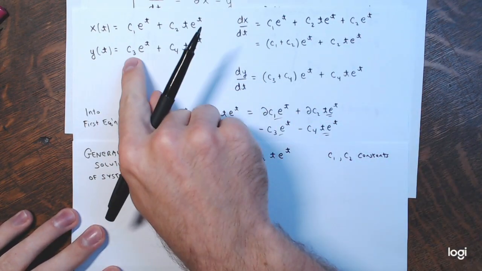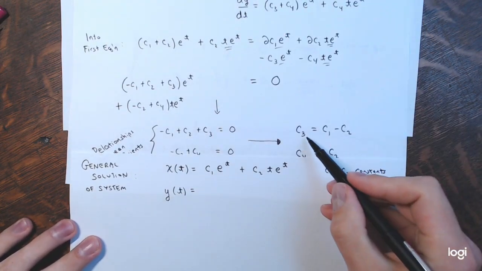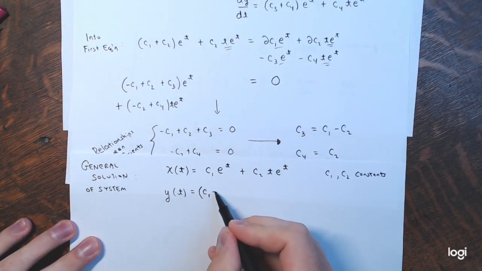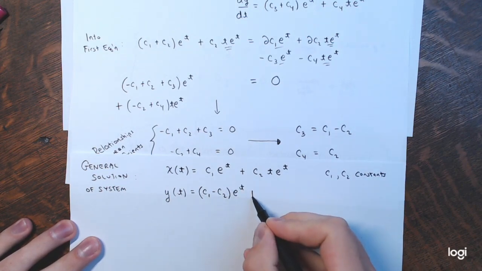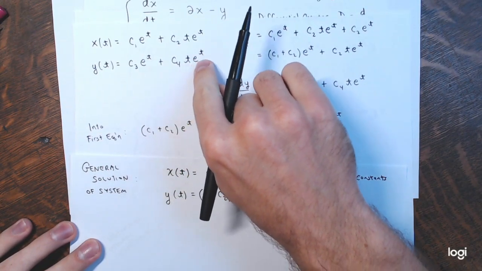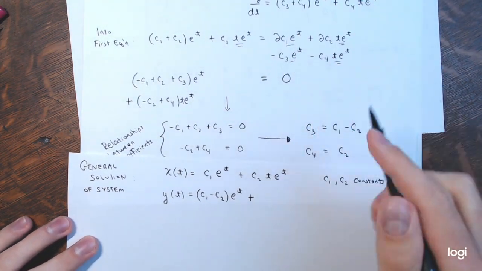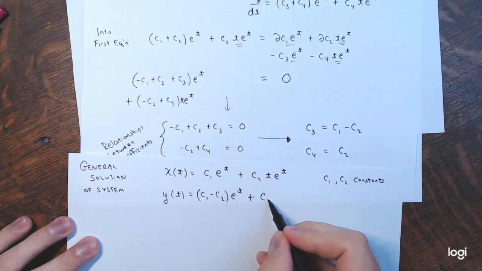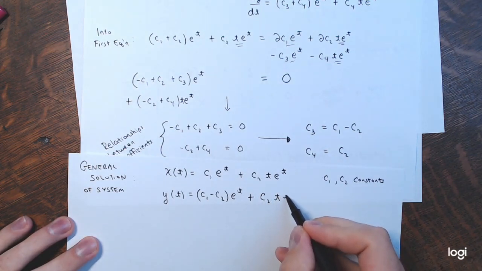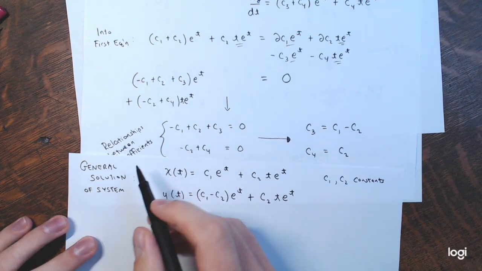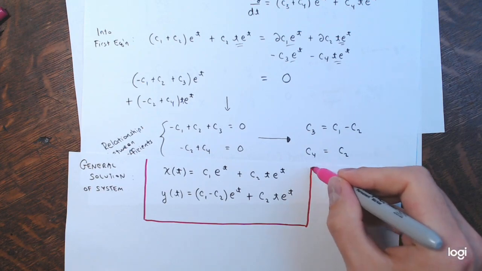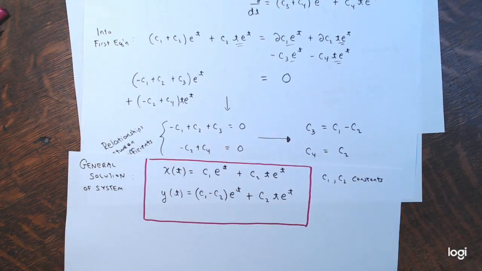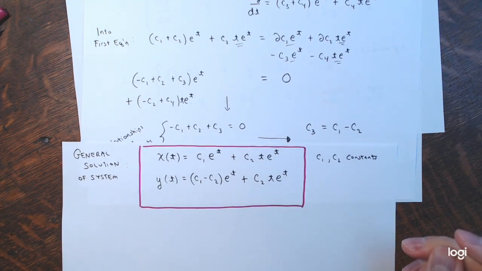Y equals C3 e to the t, but according to this, C3 is C1 minus C2, plus C4 t e to the t, but according to this previous system of relationships, C4 is the same as C2, times t e to the t. And there you go. There's your general solution, the two functions that would satisfy both equations in the system at the same time.